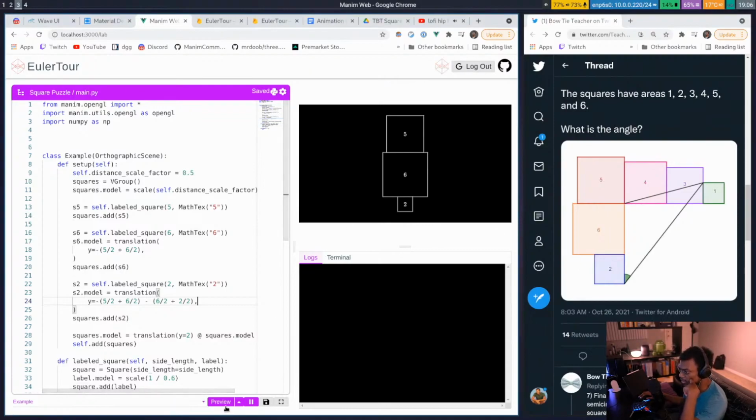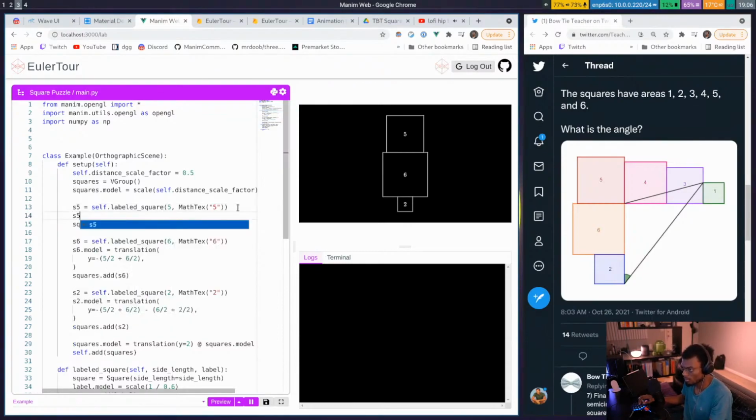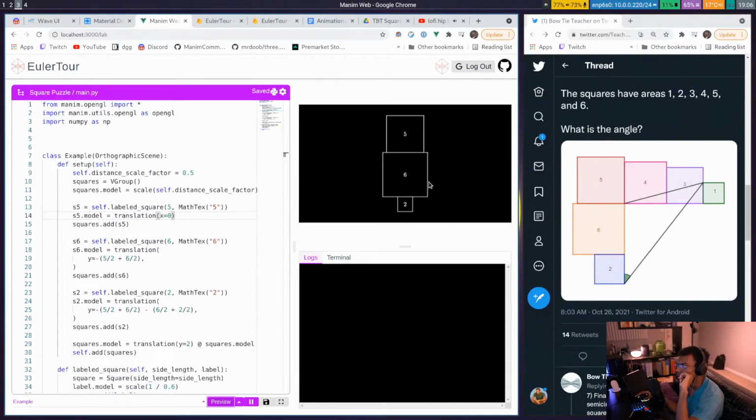Right now the right side isn't aligned. So what's the X translation that I need for the 5 is the first thing to ask. So I'll just put 0 for now. So you need the difference between 5 over 2 and 6 over 2, right? So it should just be 6 over 2 minus 5 over 2.